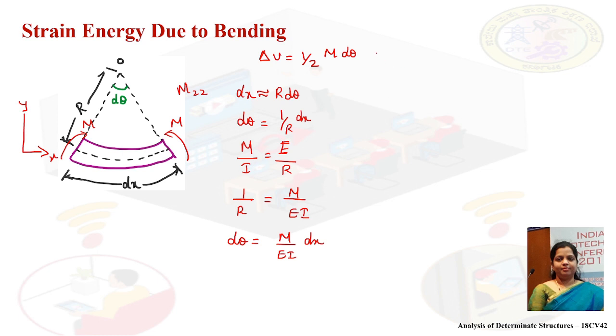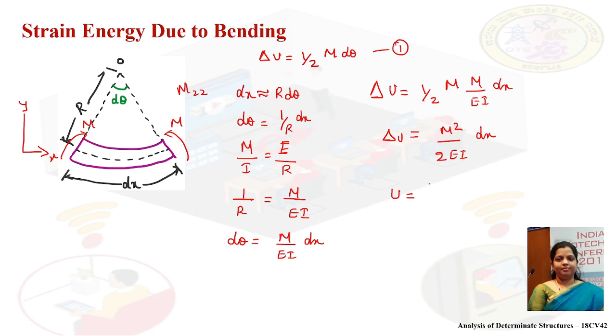Substituting the value of d theta in this equation 1, strain energy delta U is equal to half into M by EI into dx. So we can write it as M square by 2EI into dx. This is the strain energy stored in the small element.